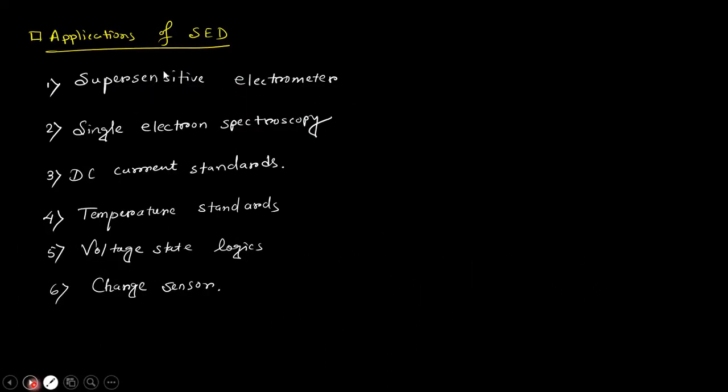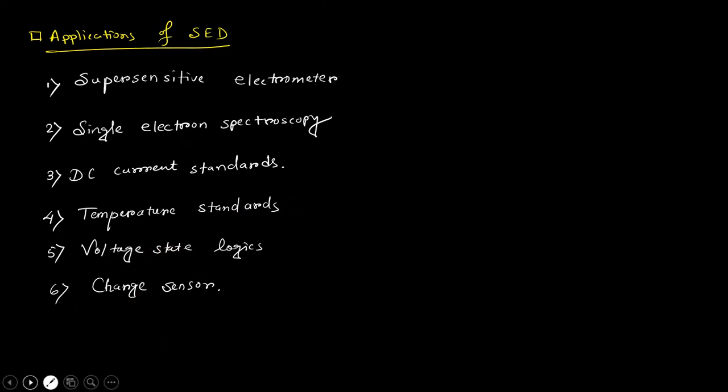You can see the applications of SET: a super sensitive electrometer, where you can sense single electron transmission. An electrometer is a device with which you can easily find out whether there is any conduction or electric flow within the material. Other applications are single electron spectroscopy, DC current standard, temperature standard, voltage standard, and charge sensor.